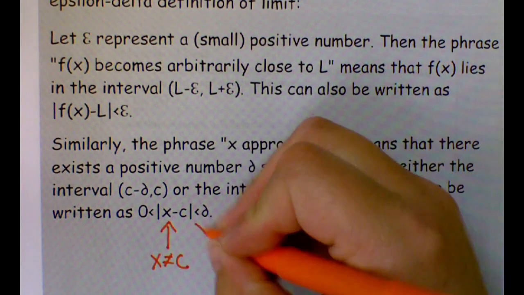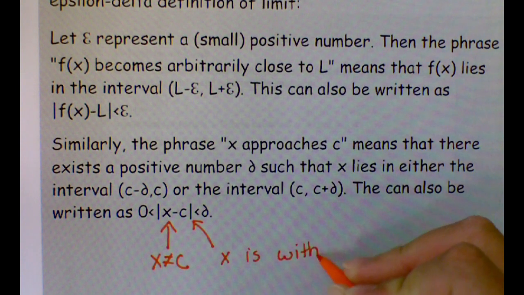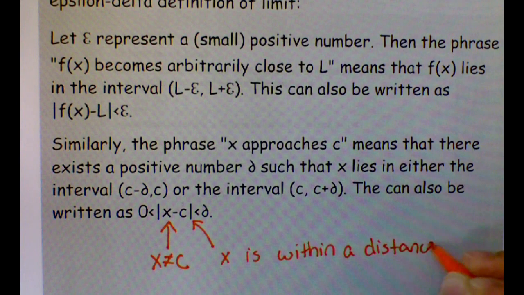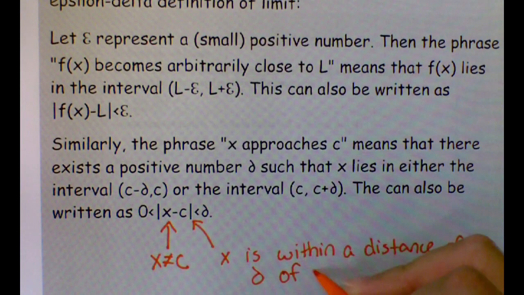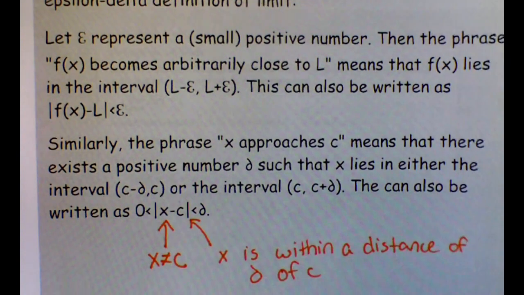And this also says that x is within a distance of delta of c. So it's at most delta away from c. If we can find a number delta and epsilon that make this true, then we can find the limit.